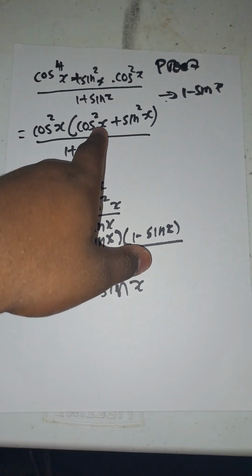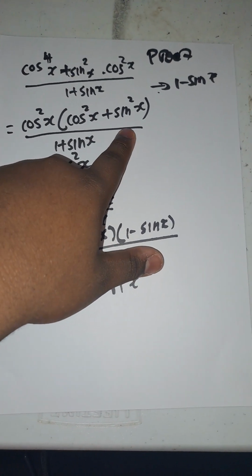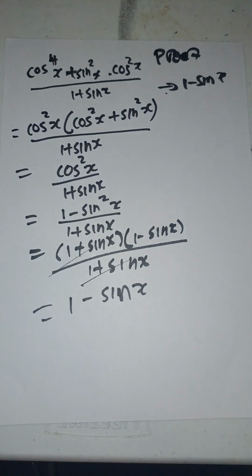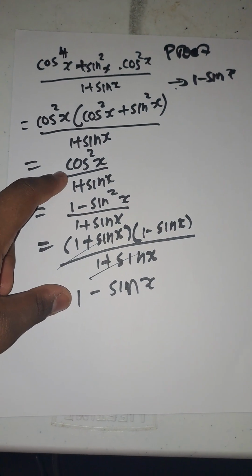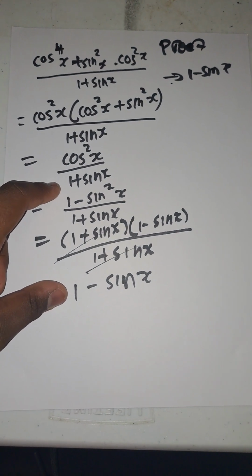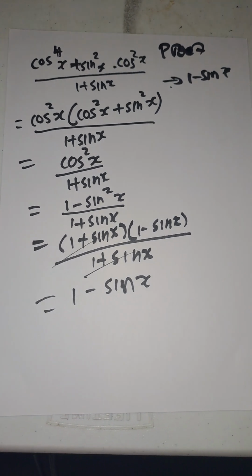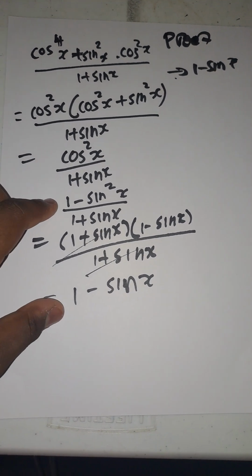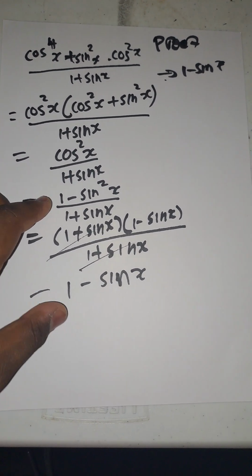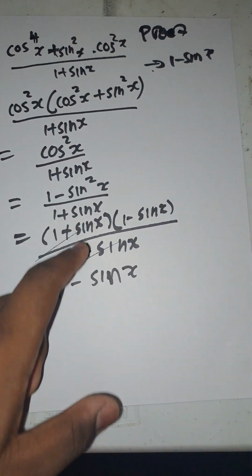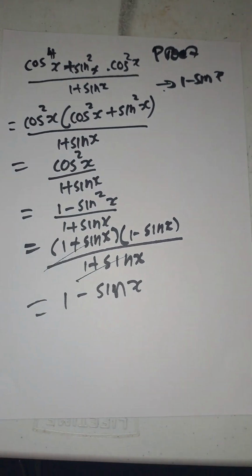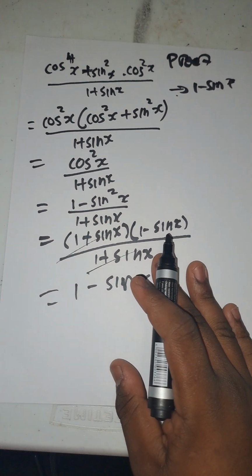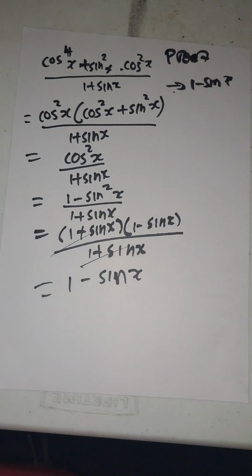After that, I have cos squared x plus sine squared x, which is the same as 1. Then I was left with cos squared x over 1 plus sine x. And then I knew that cos squared x can be written as 1 minus sine squared x, and then open it in the bracket form, so that I'll be left with 1 minus sine x that they were talking about.